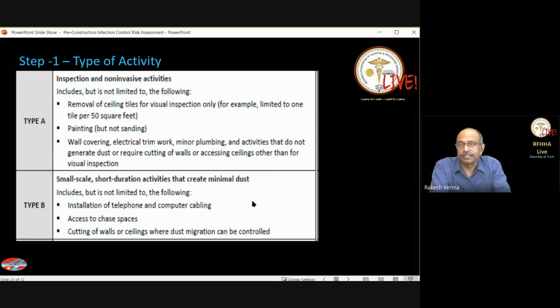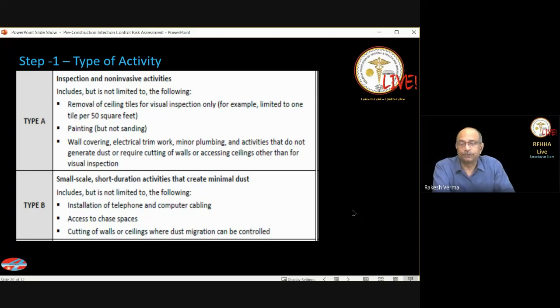However, it is important to understand that type A activities are inspecting kinds of activities or non-invasive ones. You're not breaking anything, you are not removing part of the structures. You are removing a couple of tiles just to inspect, possibly redoing the painting, or inspecting the wall coverings or the electrical work or minor plumbing issues, replacements of taps and all, which is fine. So that comes to type A activity.